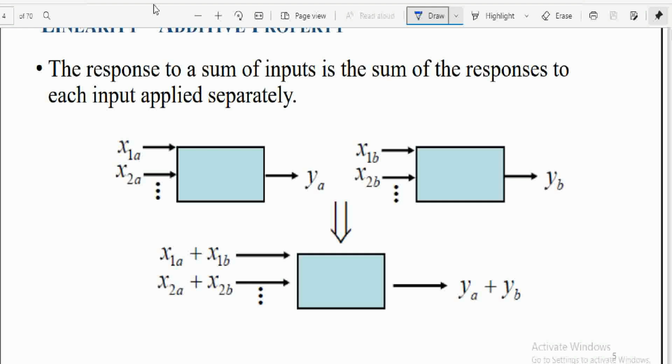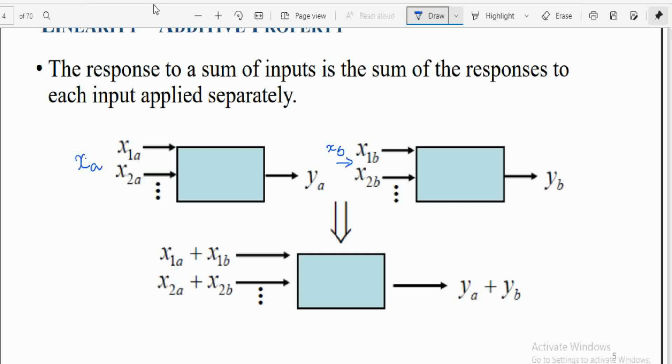We are getting YA as the output. So if I apply XA input, here you are getting YA. If I apply XB input, you will get output YB.